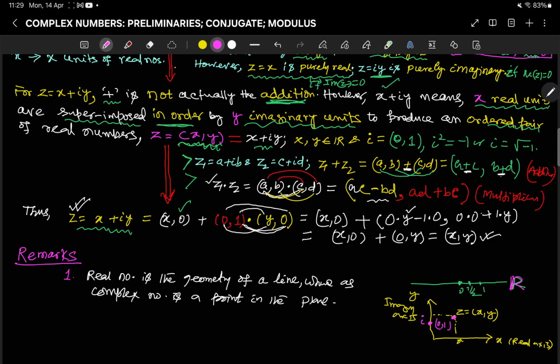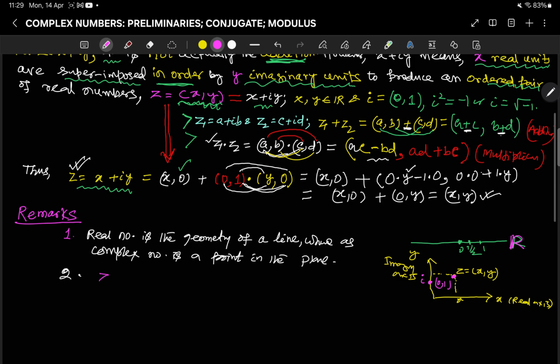So now coming to your second remark, if we think of the equality of two complex numbers, suppose here z1 is a complex number a plus ib and z2 is a complex number c plus id. The moment I write z1 is equal to z2, it means your real part has to be the same as the real part, and the imaginary part has to be the same as the imaginary part.